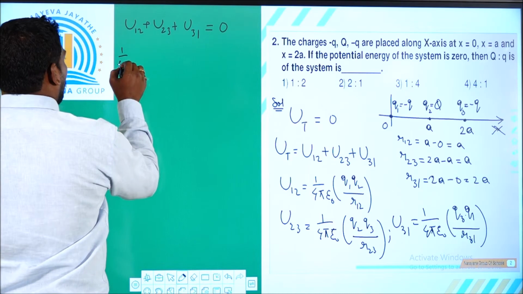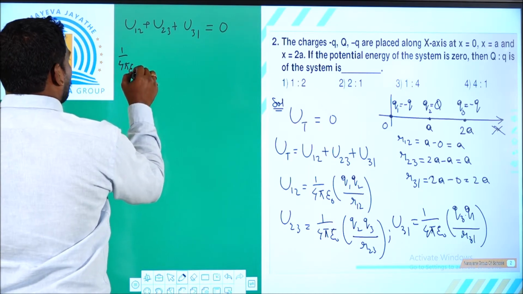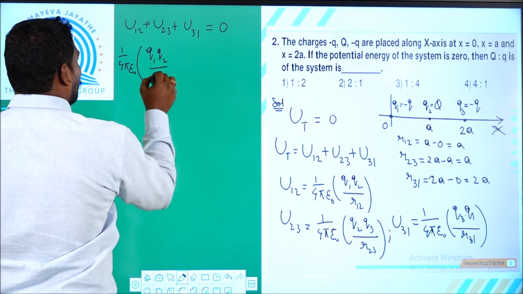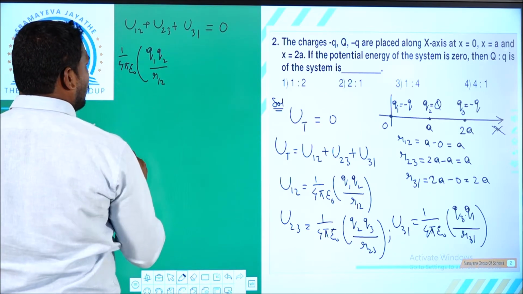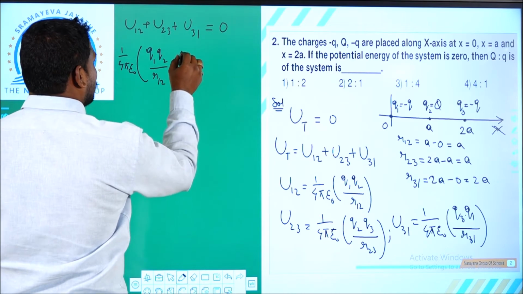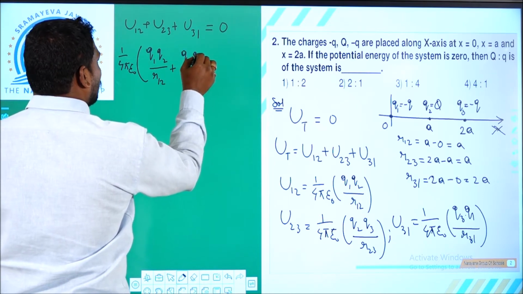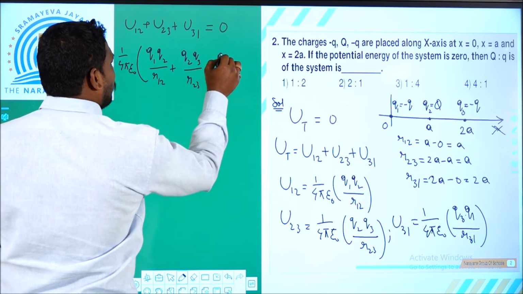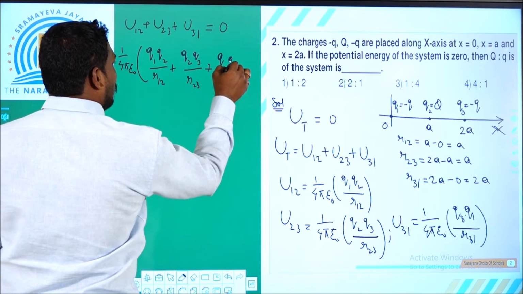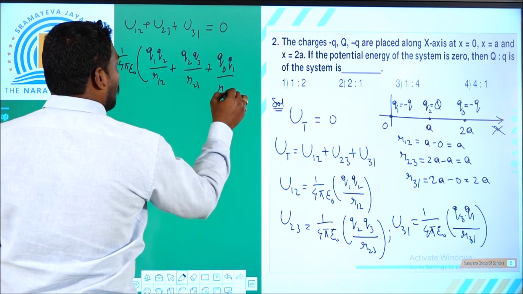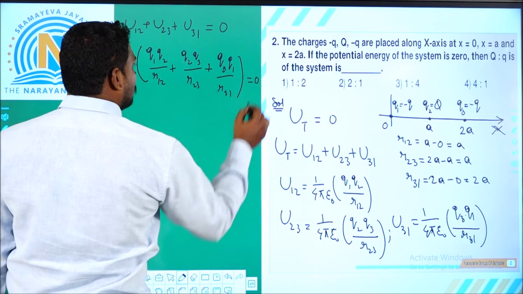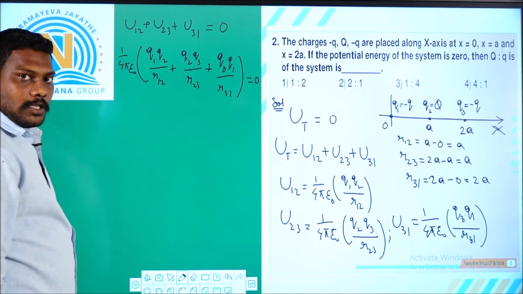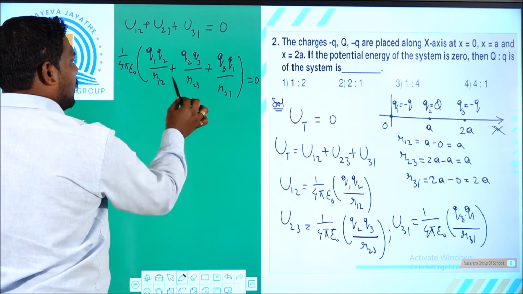Now 1 by 4 pi epsilon naught of Q1 Q2 by R12 plus Q2 Q3 by R23 plus Q3 Q1 by R31 should be equal to 0, right? Now 1 by 4 pi epsilon naught cannot be equal to 0, so this total term should be equal to 0.